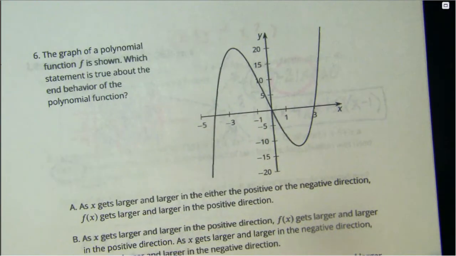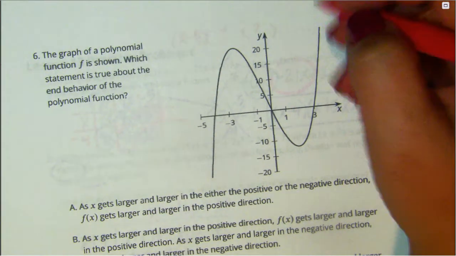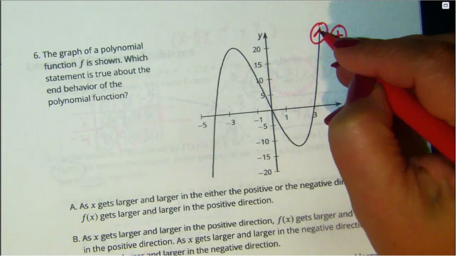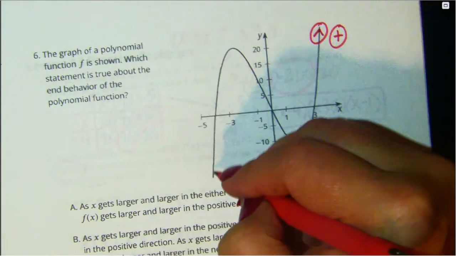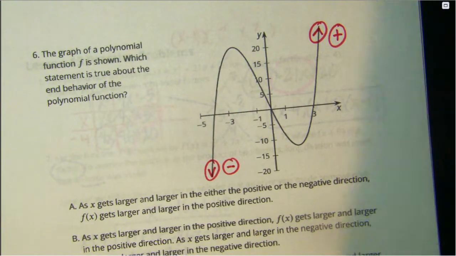End behavior. It says the graph of a polynomial function f is shown. Which statement is true about the end behavior? Well, it's getting bigger and bigger in the positive direction over here, and it's getting bigger and bigger in the negative direction over here. So how do we say this in math?